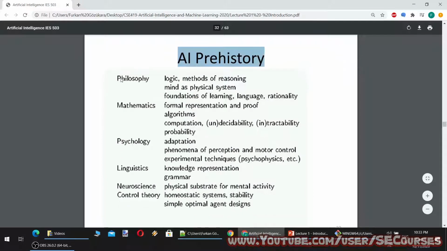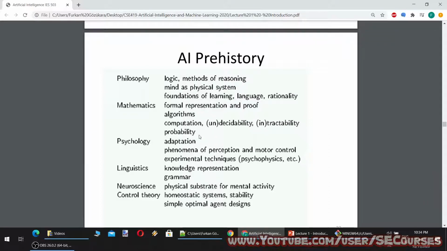AI prehistory. Okay, so philosophy, logic, methods of reasoning, minds as physical systems, foundations of learning, language, rationality, mathematics, formal representation and proof of algorithms, computation, undecidability, intractability, and probability.